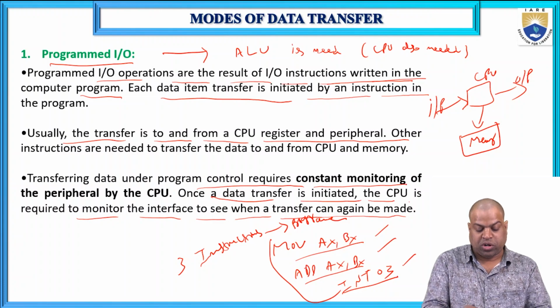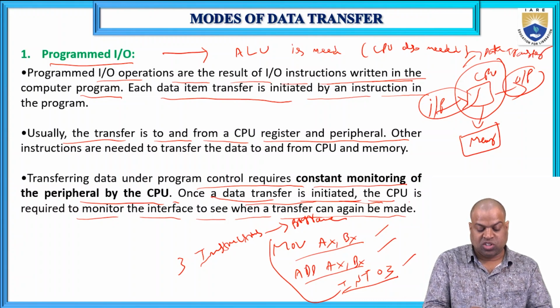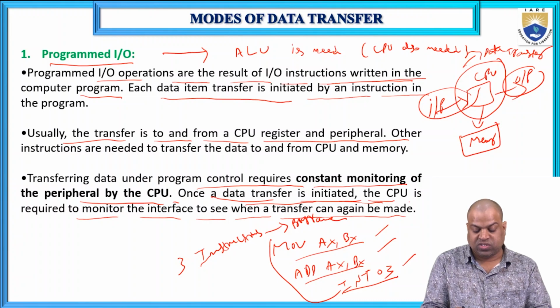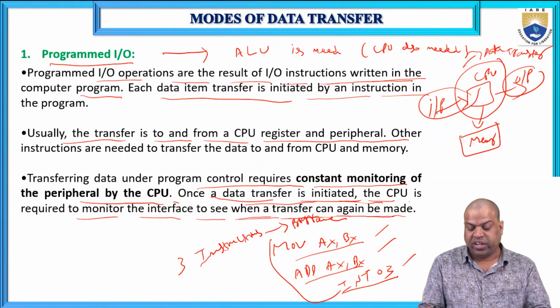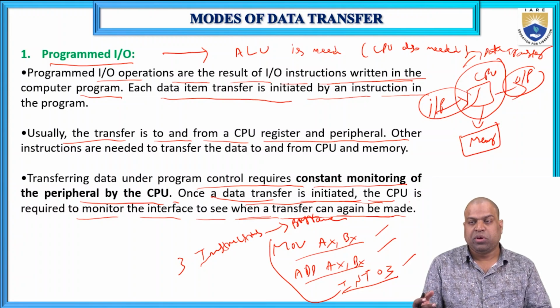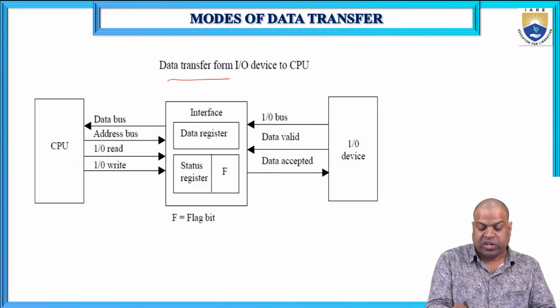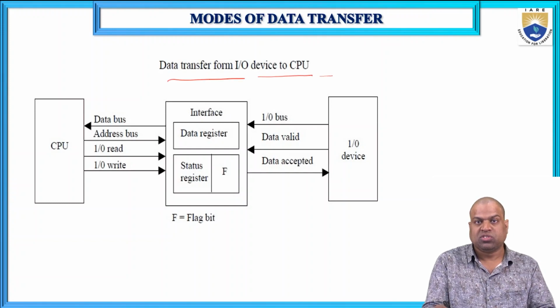Program control requires constant monitoring of the peripheral by the CPU, and the data transfer is initiated by the CPU, which is required to monitor the interface to see when the transfer can again be made. So it is about the instruction and the CPU connected to the memory with input output peripherals. That is programmed input output. It is one example of data transfer from input output device to CPU.